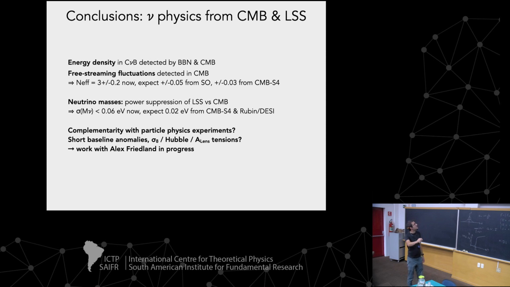And then not only that, it also tells you about the fluctuations in the cosmic neutrino background and how they propagate faster than the sound speed. And then cosmology can also tell us about the masses of the neutrinos through their effects on the total energy density, which changes the expansion, and also through their effect on the growth of structure.